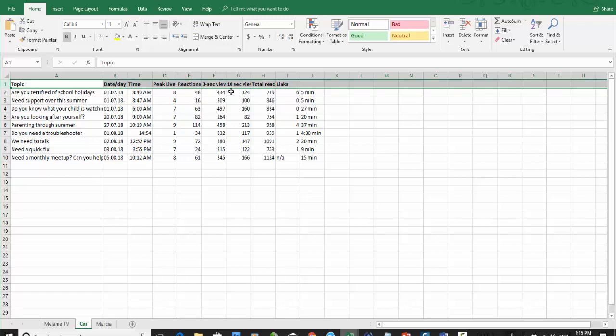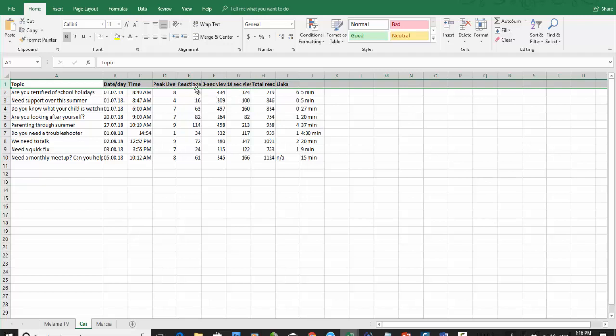10-second views indicate that those people viewed at least 10 seconds or more, meaning that they may have watched even till the end. And you need to remember with Facebook Lives, people join your live stream at different times. Rarely does somebody watch from beginning till the end, unless they watch it on replay, and it can happen.